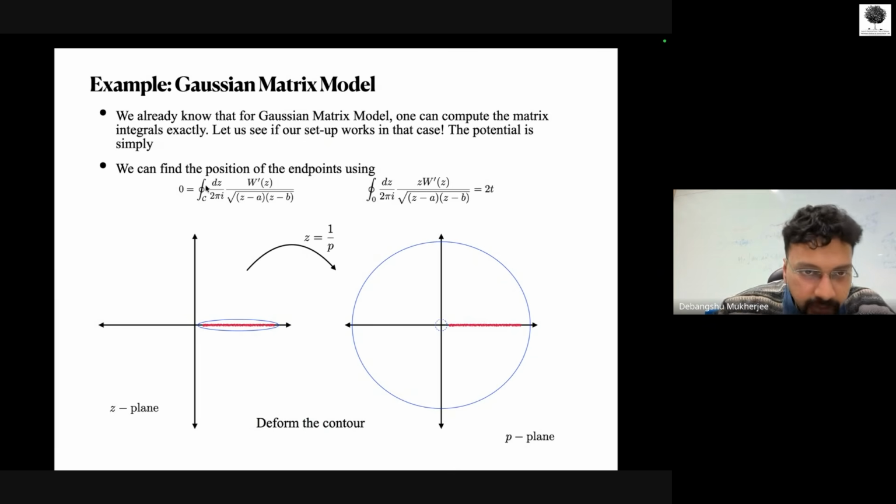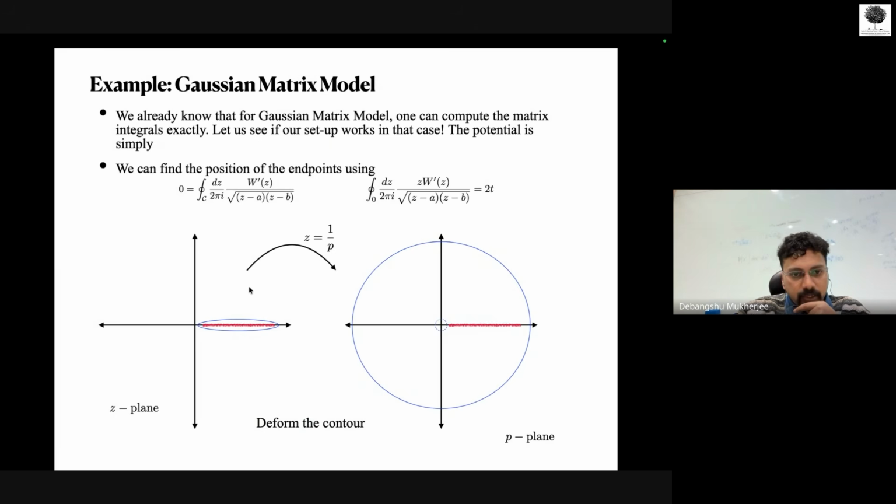According to Migdal's prescription, in order to determine a and b, all I have to do is compute this closed loop contour integral which goes around this cut C. So this red colored line is curly C. Of course, I have not drawn the explicit arrowheads, but this contour is going counterclockwise.